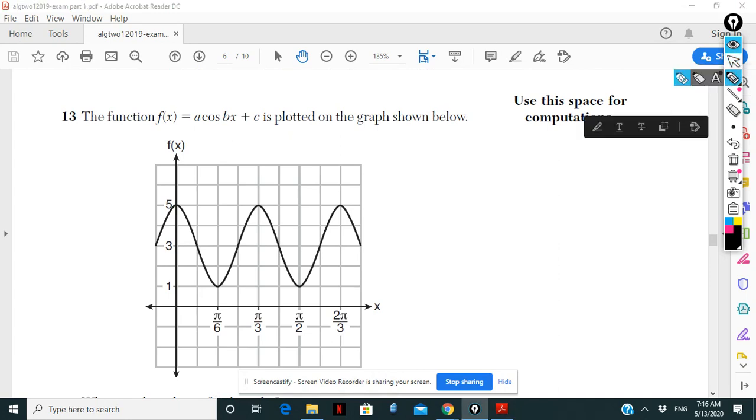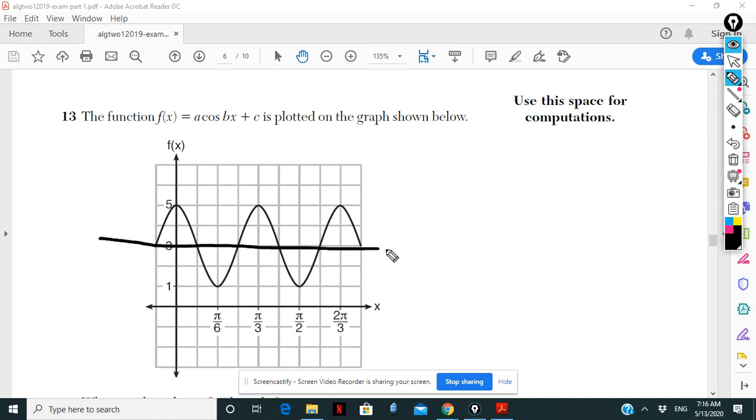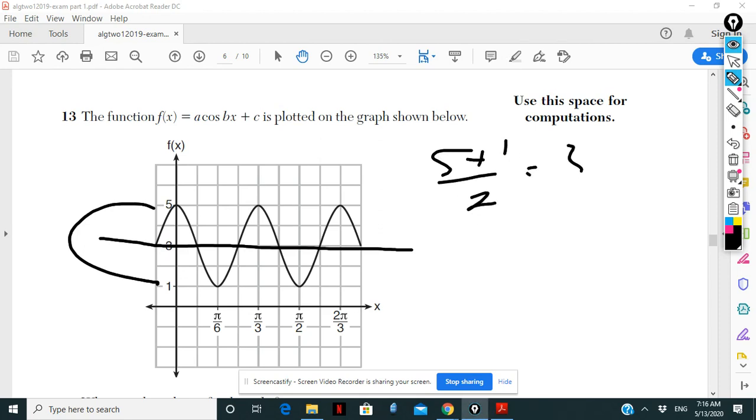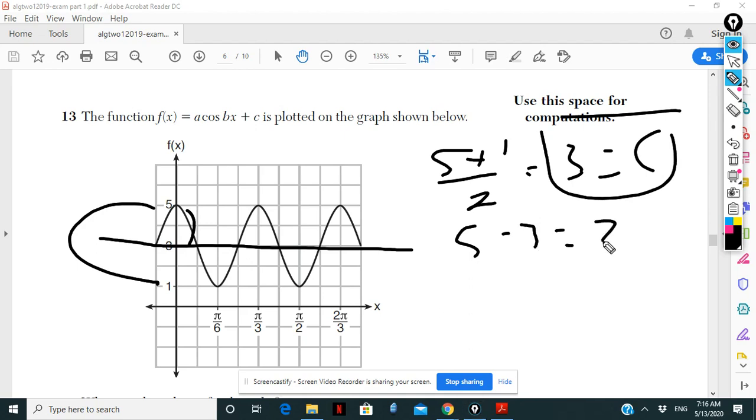The midline is where I have a symmetry, so look here, I split between the maximum and the minimum. 5 plus 1 divided by 2 is 3. So the midline is 3, so that's c. C equals 3. Now the amplitude is the difference between 5 and 3. 5 minus 3 is 2. The amplitude represents the a value.